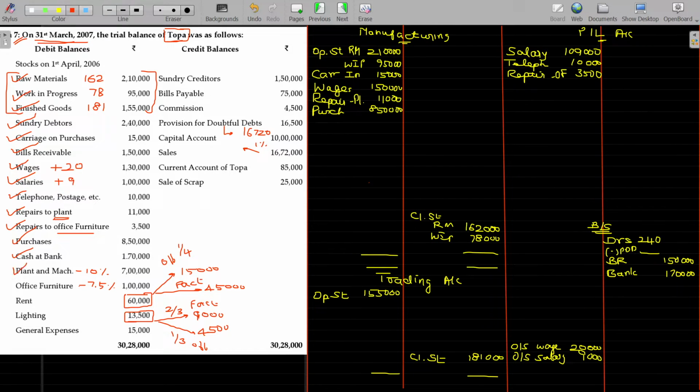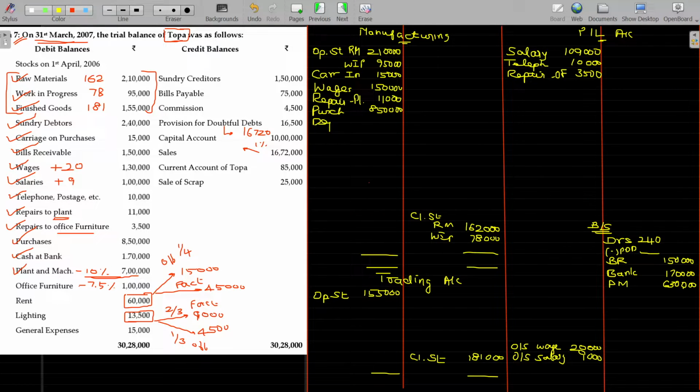Plant and machinery, asset. So plant and machinery, 7 lakhs, depreciation being 10% on that, 70,000. After subtracting, the plant and machinery to be posted in the balance sheet being 6 lakhs 30,000. I request you to post the full value and subtract 70 in the inner column and post it outside, though I may record only the final value.